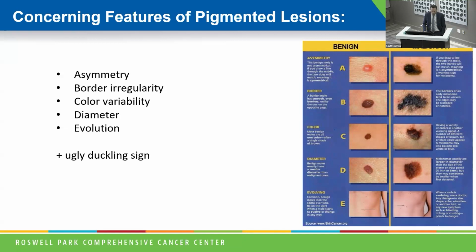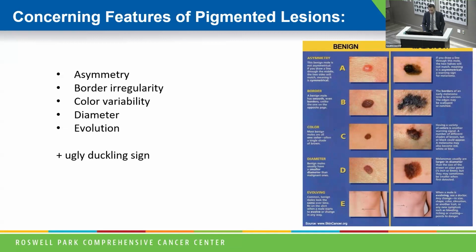Then color variability, where you see multiple shades of gray, blue, black, tan, pink in the lesion, again raising the concern that the lesion may actually be an early problem spot. Diameter: often problem spots tend to be larger. And evolution. Obviously, something that's pigmented and evolving is much more likely to be a concerning spot than something that has been staying put and completely unchanged for decades.